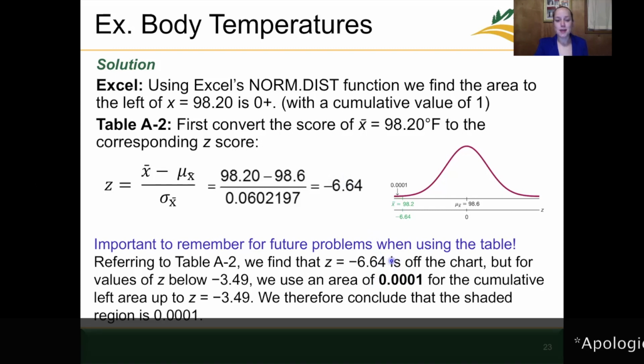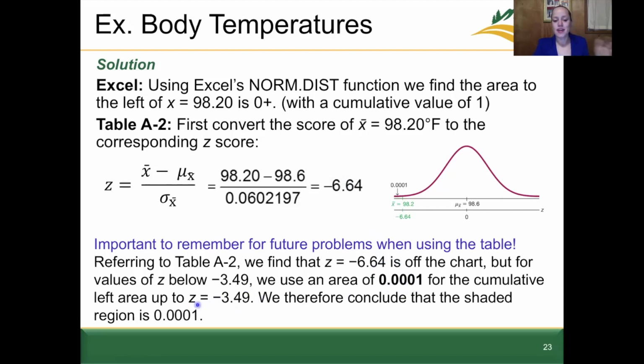Instead, we make the assumption that that area can be reported as 0.0001, as was done a couple slides ago. Remember, this is true for any z-score less than negative 3.49. Now, there's a similar thing for z-scores greater than positive 3.49. If you go to your textbook, you'll see a little indication that any z-score greater than positive 3.49, that area value, that probability value, can be assumed to be 0.9999.